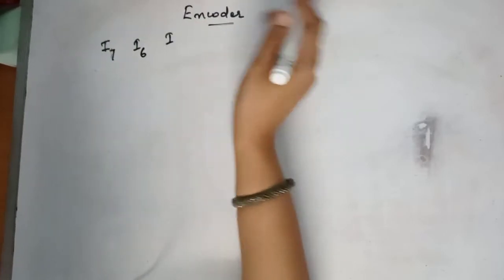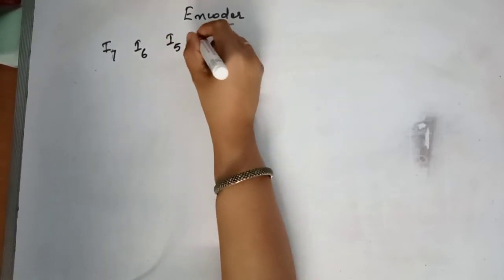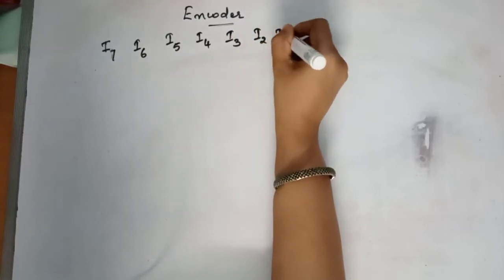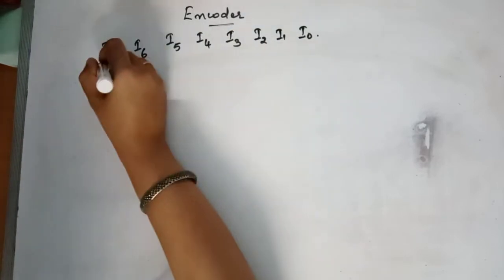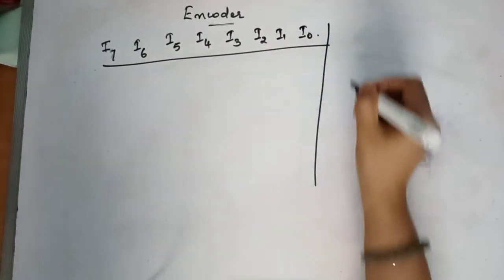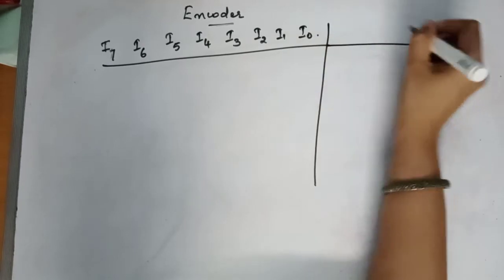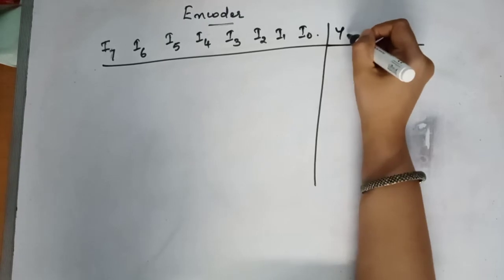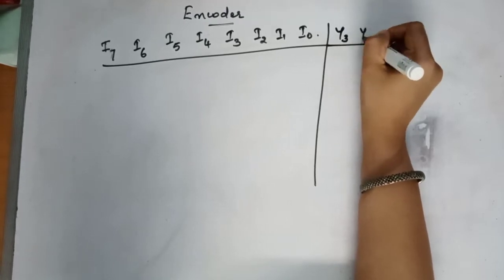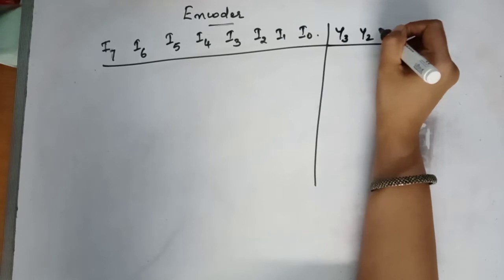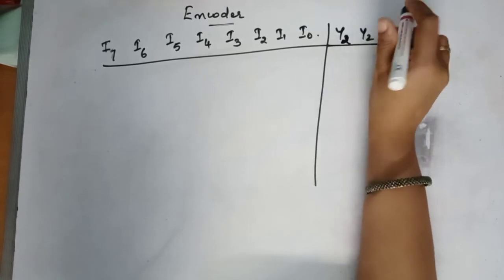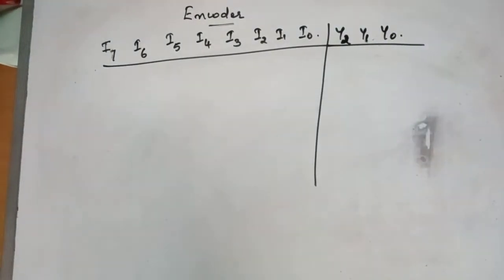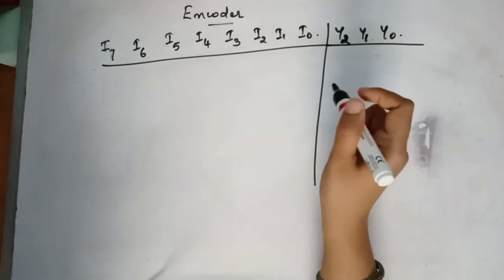I'm just writing it the other way around. And the output lines are 3. So let the output lines be, say, Y2, Y1 and Y0. Okay, you can name it any way you like. It doesn't make any difference.